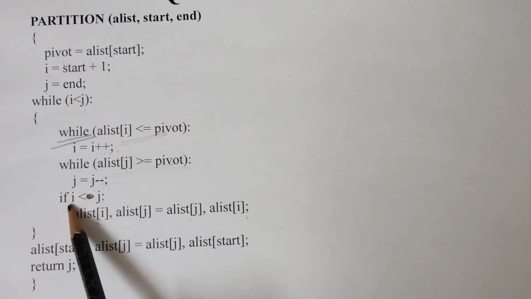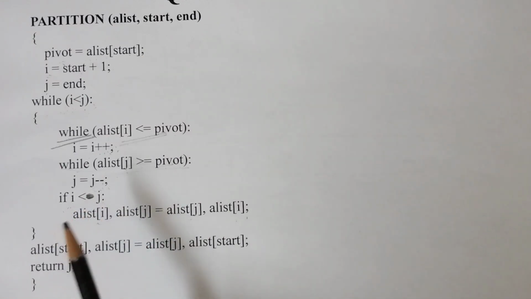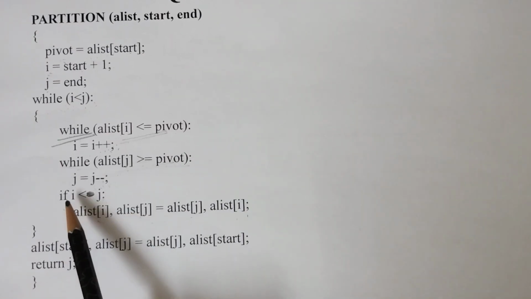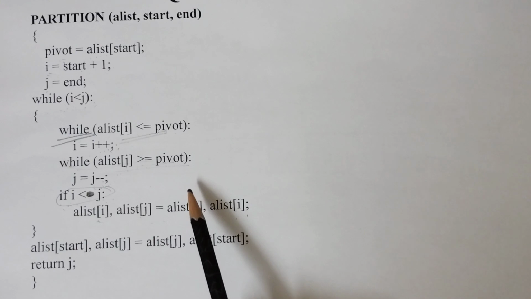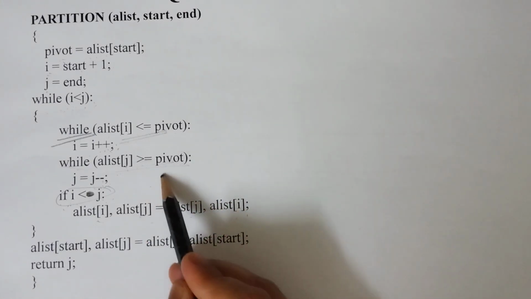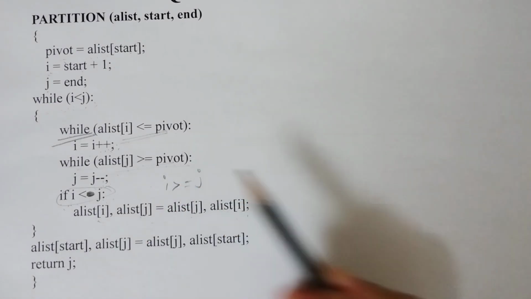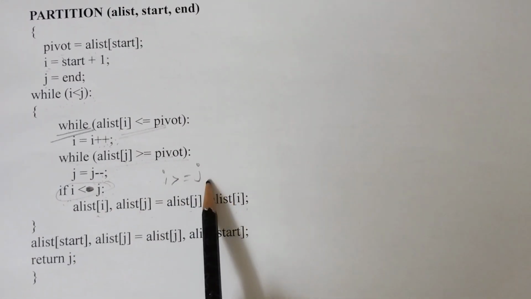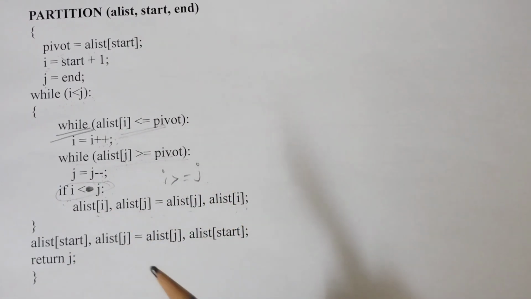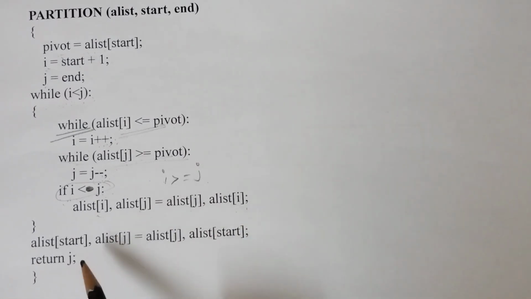And what if i is not less than j, which is the next condition? Else, i is greater than or equal to j. If i is greater than or equal to j, then we swap the pivot element with A list of j.